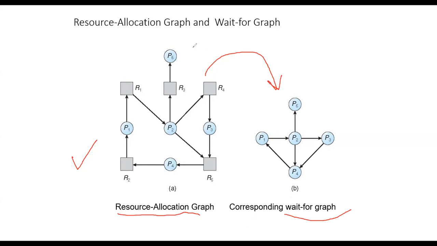Okay guys, we know this. This is R2. R2 is held by P1 because, you know, this is an assignment edge. Let me change the color of the assignment edge to green.